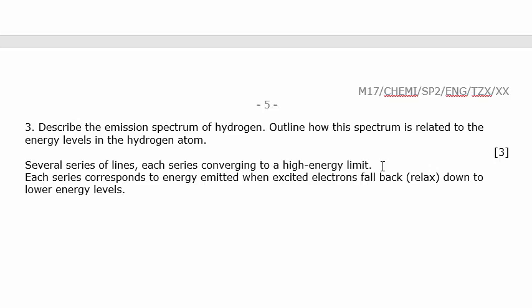So relaxing of an electron emits energy. Each series corresponds to energy emitted when electrons fall back to lower energy levels.